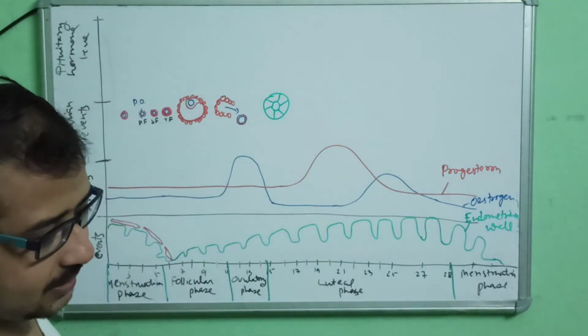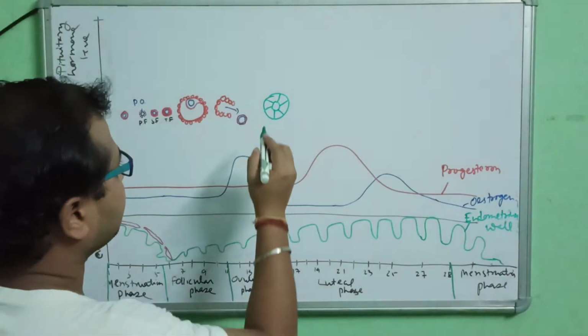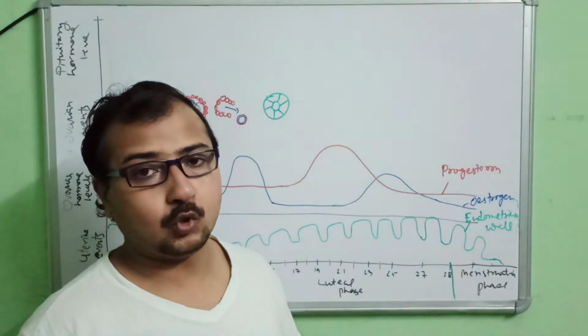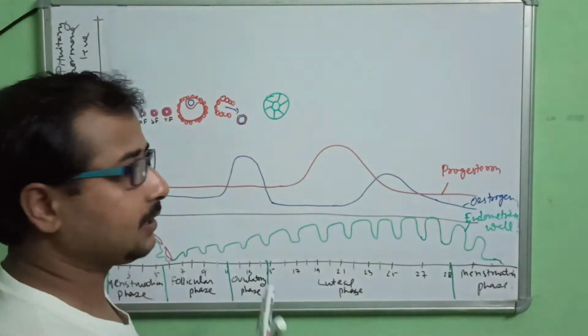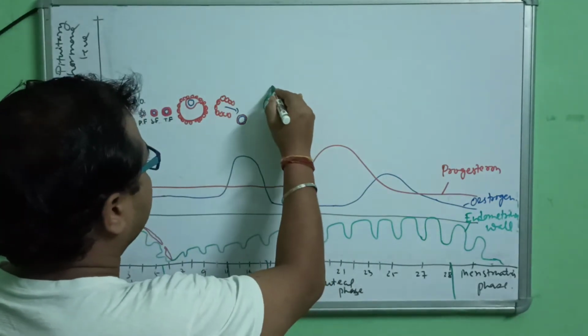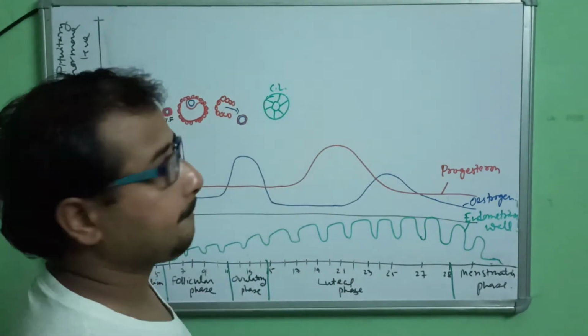This is just a structure to help you understand a little. Actually the color is supposed to be yellow. The corpus luteum looks like a yellowish substance, but I don't have yellow with me right now. Now this is the corpus luteum here.